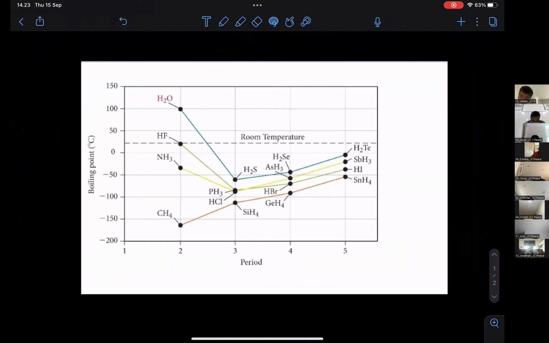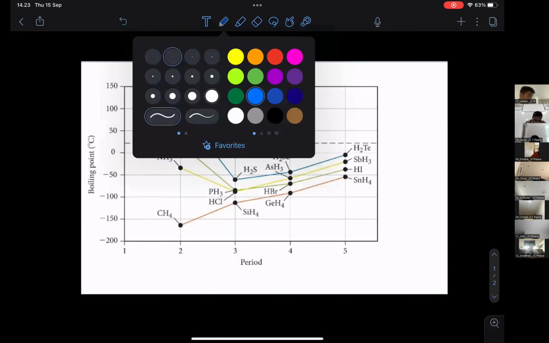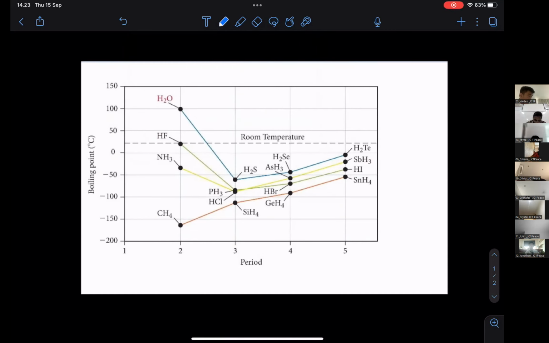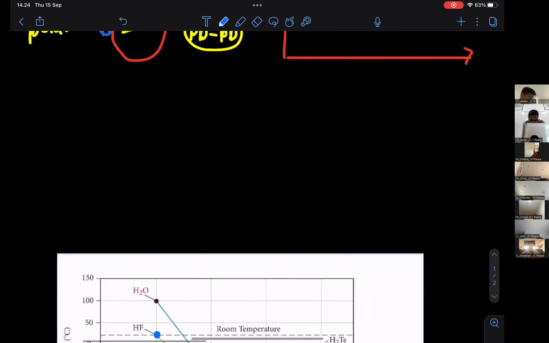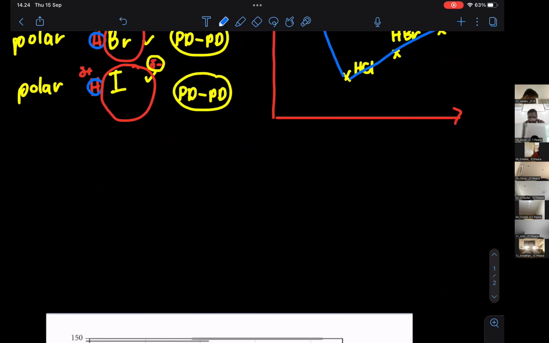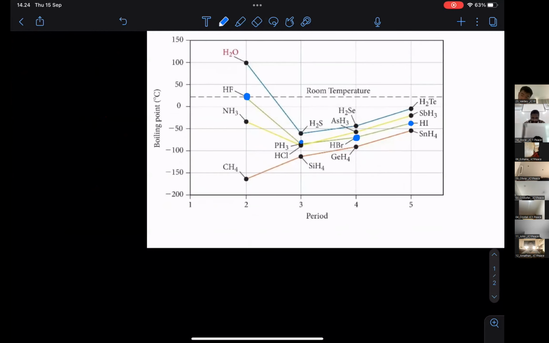I don't know whether you can really see or not. Can you see HF and then HCl, HBr and HI? Can you see the graph? It's the same thing that we have discussed earlier: going down, then because of hydrogen bonding, going up.